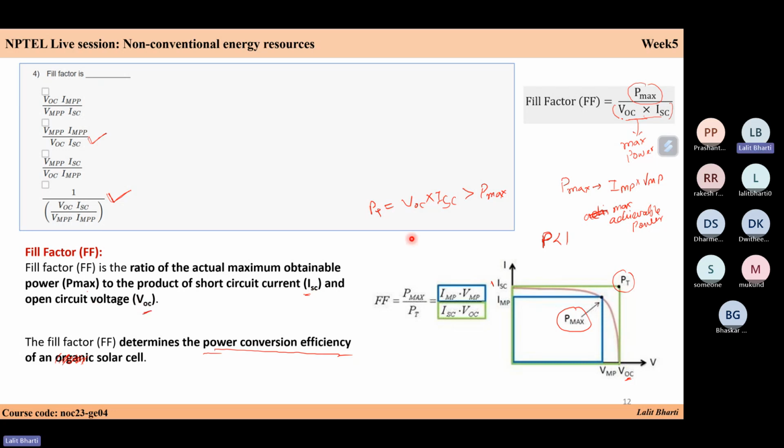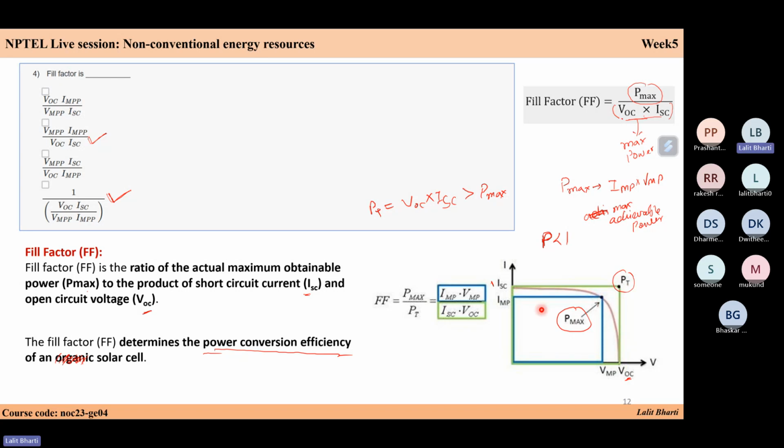So we know that the maximum power point, the Pmax or the PMP, will be the highest for that. But what is the maximum obtainable power? Obtainable power means what we can really get. So one is the highest ideally, and the other is what we can actually get.